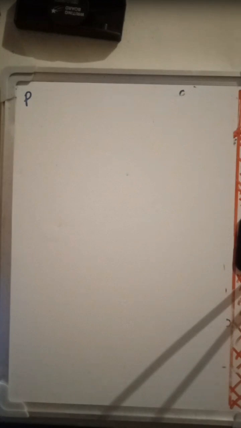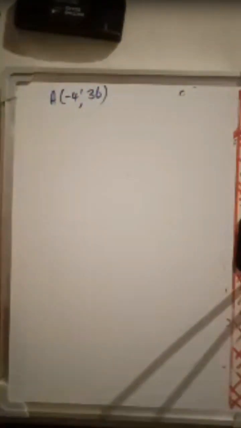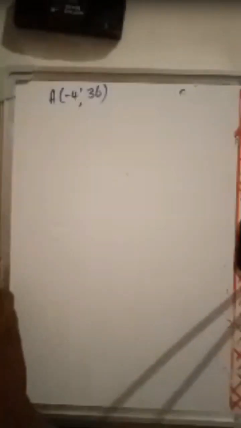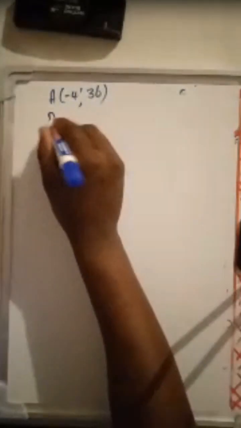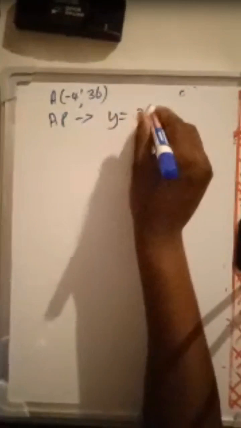0. So remember that for A, we got negative 36, if I'm not mistaken, right? So it means line AP, yes, the equation is y equals 36.